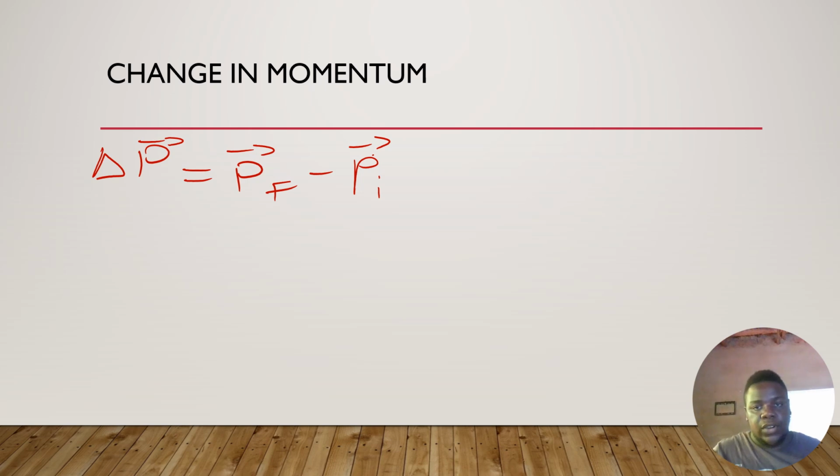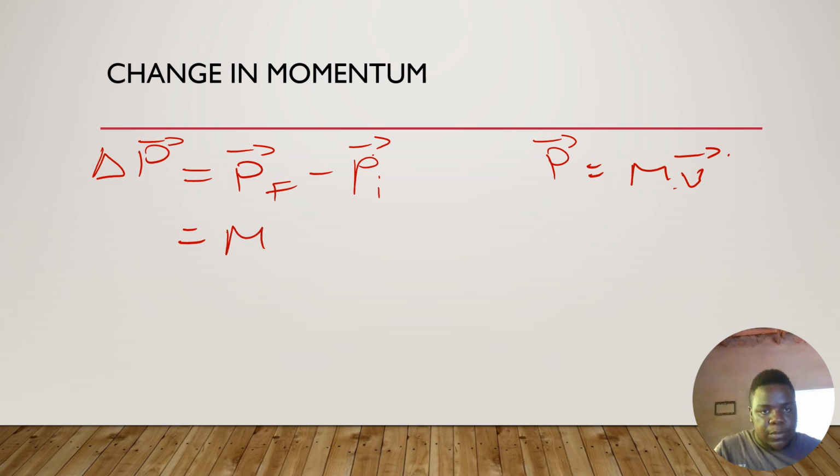Going forward, you should remember from the earlier slide, I said momentum is equal to mass multiplied by velocity, meaning that we can write this as change in momentum equals mass final times V final minus mass initial times V initial. Remember, velocity is a vector.